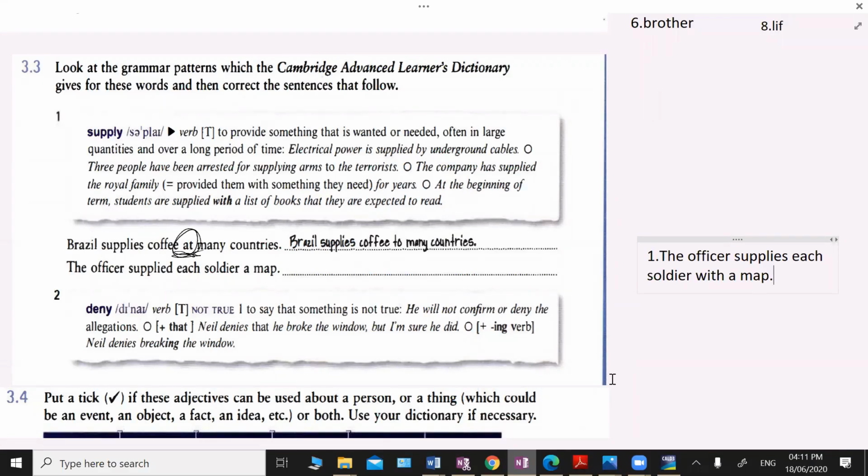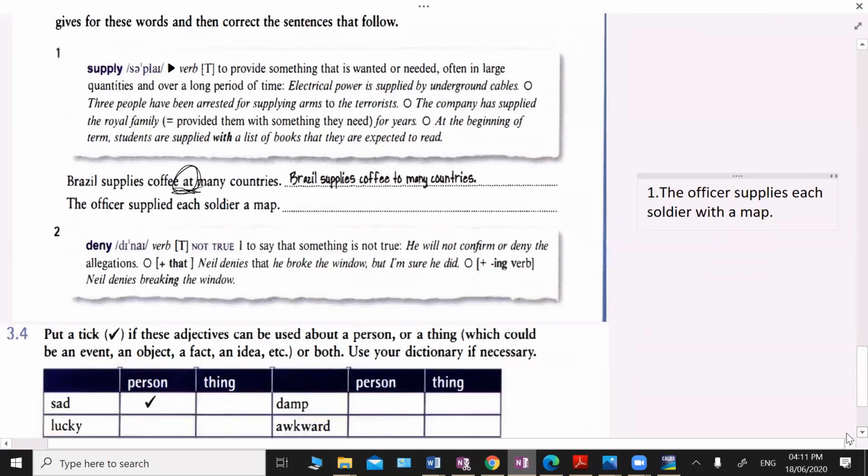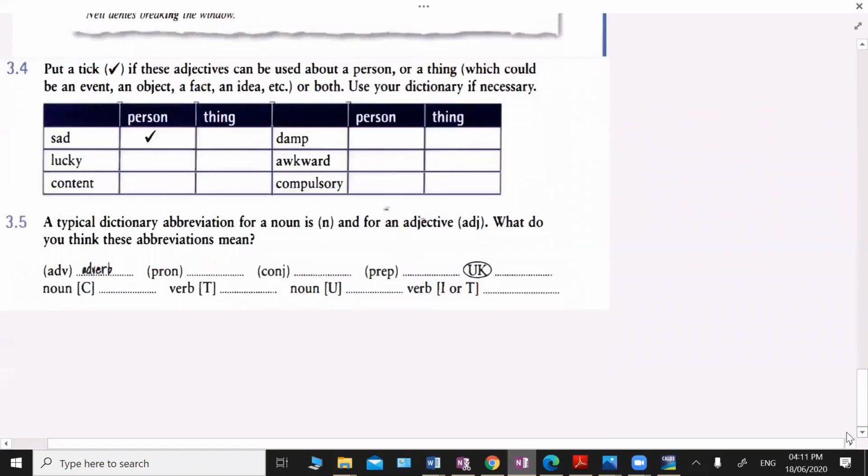Then some other examples of how we use it: Neil denies breaking the window. This is a kind of sentence. It has another example which I couldn't write here, so we skip that and we move on to question number 3.4.